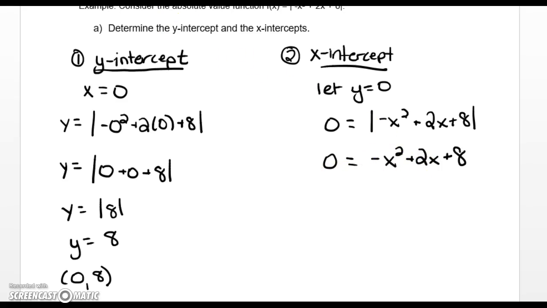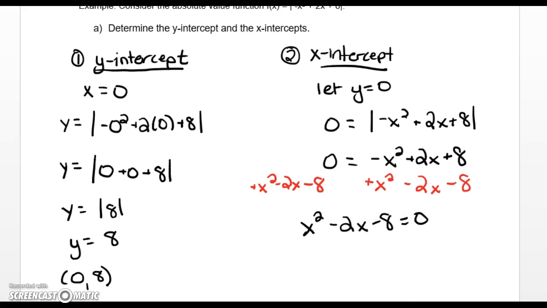So here you want to add x squared, subtract 2x, and subtract 8. Because then what this does is that we make our a value just a positive 1, which we can use our shortcut for. So we have x squared minus 2x minus 8 is equal to 0. As long as we do our math correctly, we will get the exact same answers for our x-intercepts.